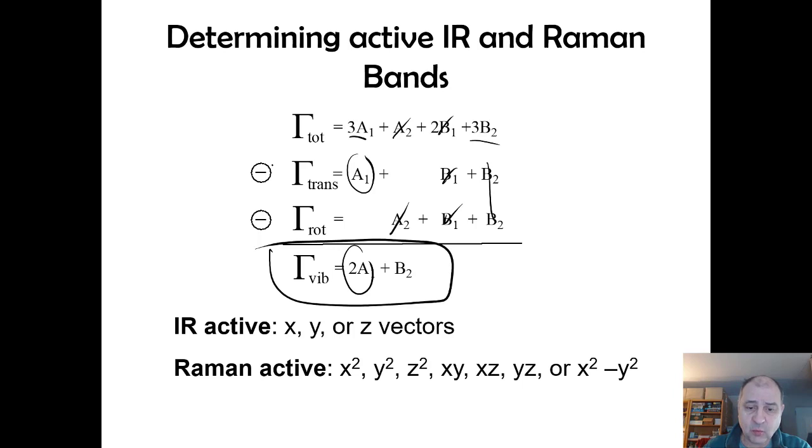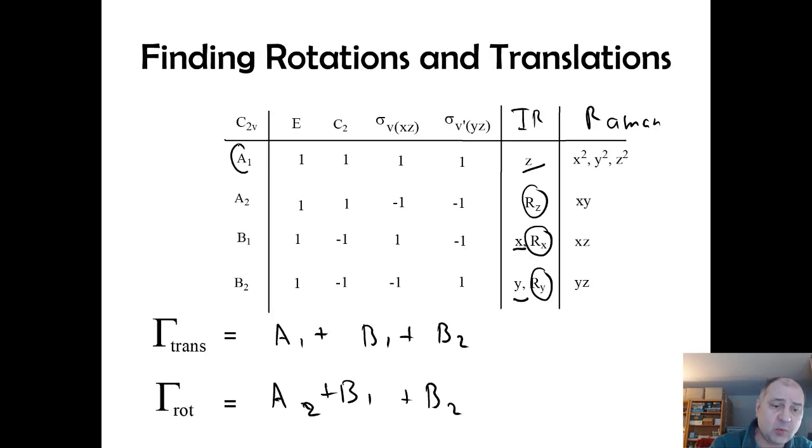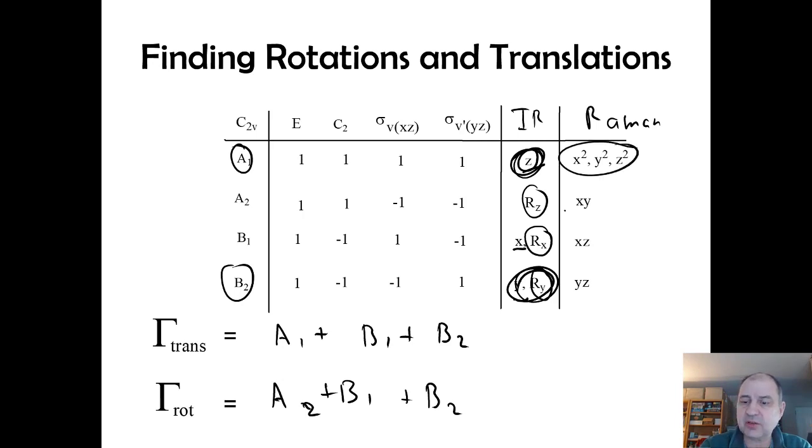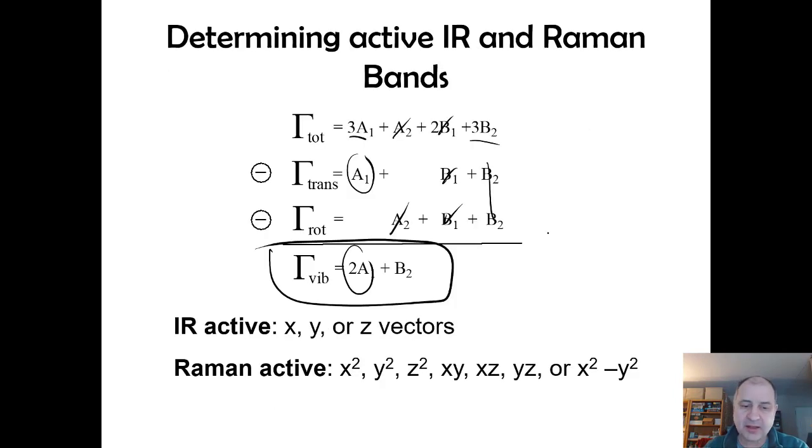We had A1s and B2s. As long as there's a character in that column, whether that's a Y or an RZ, they're going to be IR active, and the same is true here. So every single band in this case is IR and Raman active for this point group. The answer is easy. They all are IR and Raman active.